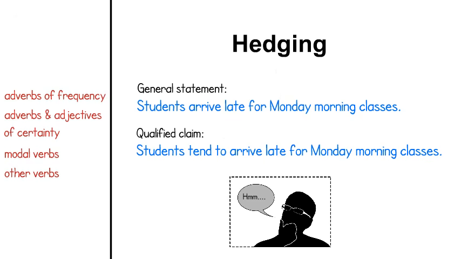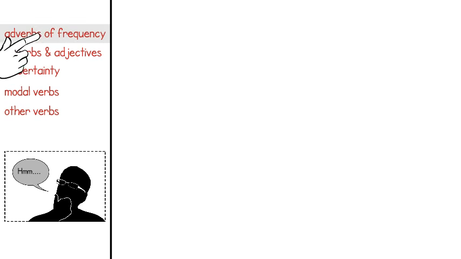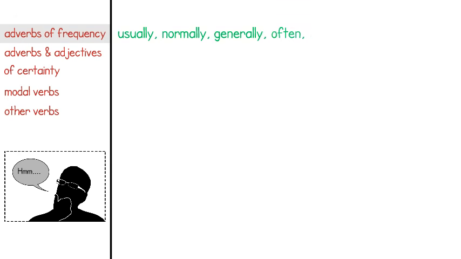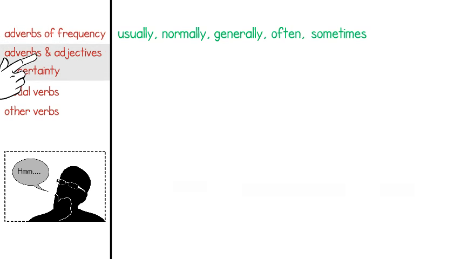Let's look at some common ways to add hedging in our writing. Firstly, we can add an adverb of frequency, such as usually, normally, generally, often, or sometimes. For example, students often arrive late for Monday morning classes. Adverbs or adjectives of certainty can also be used.